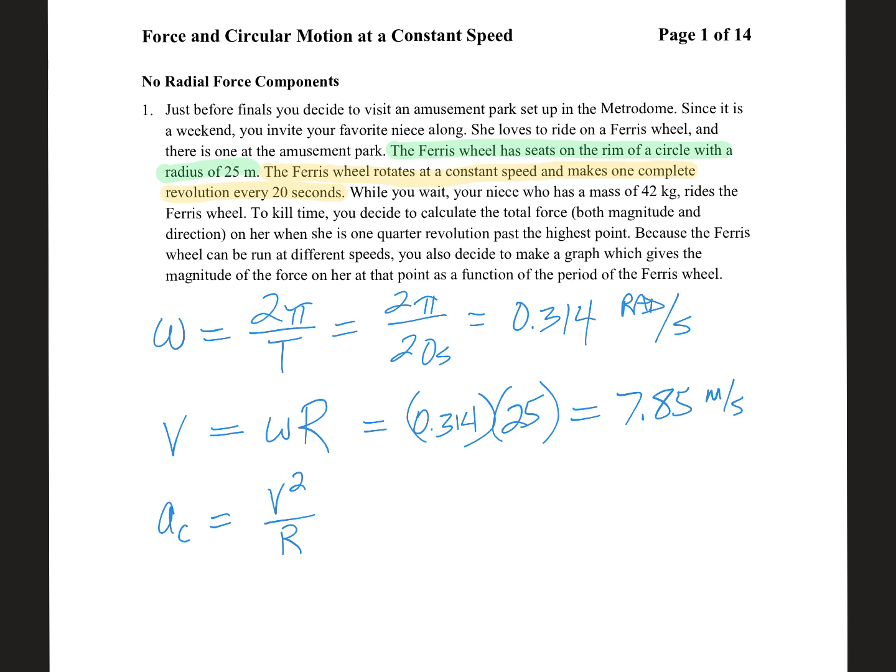The a in F equals ma in Newton's second law, if you're dealing with circular motion, it must be centripetal acceleration.